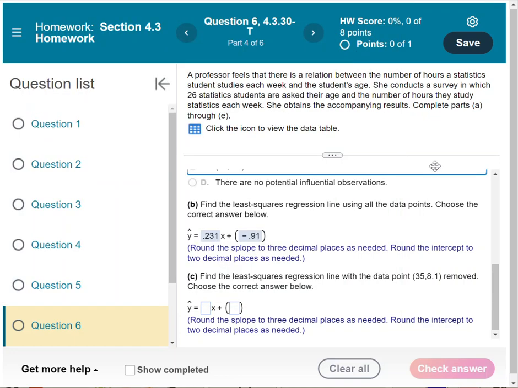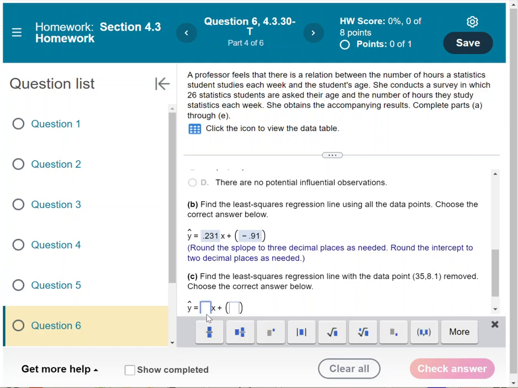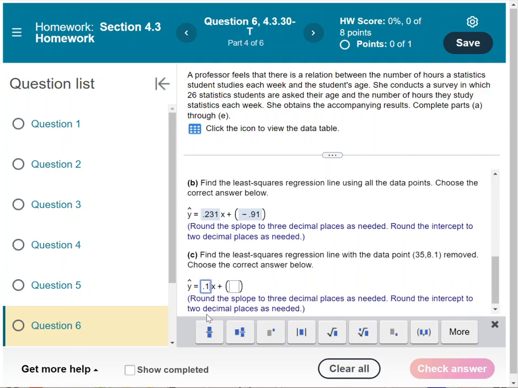All right, let's go back. And again, it does say 3 places for the slope and 2 decimal places for the intercept. So it's going to be 0.154 and 0.66.